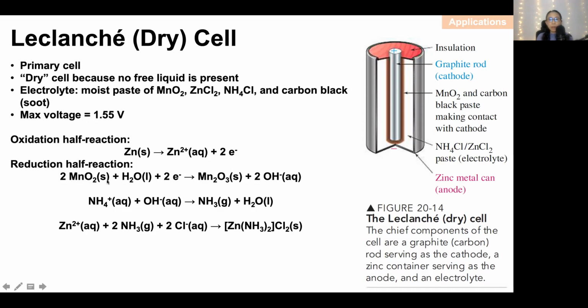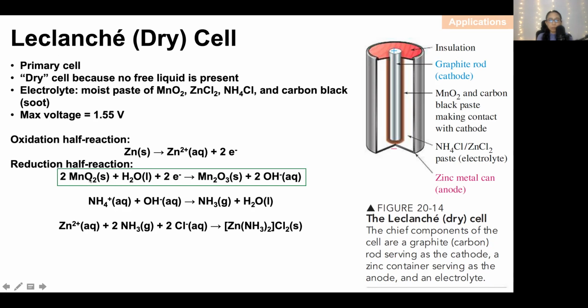In essence, the reduction half reaction taking place is this one, which is the reduction of manganese oxide. This is manganese 4. From manganese 4, it became manganese 3. So that's a reduction in the charge of your manganese, right?